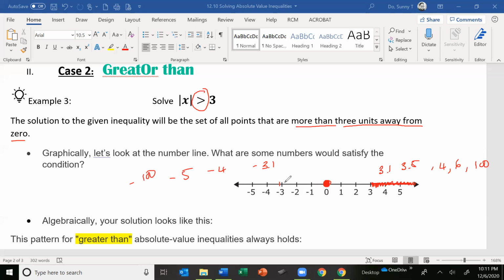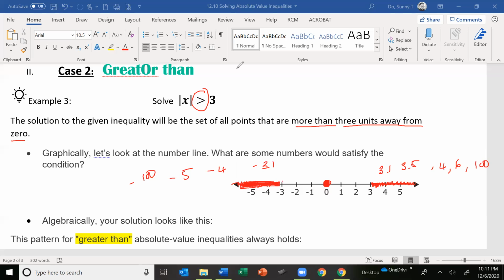Anything to the left of -3 will be smaller than -3, and more than 3 units away from 0. So basically, you are going to take all the x values to the left of -3, right?